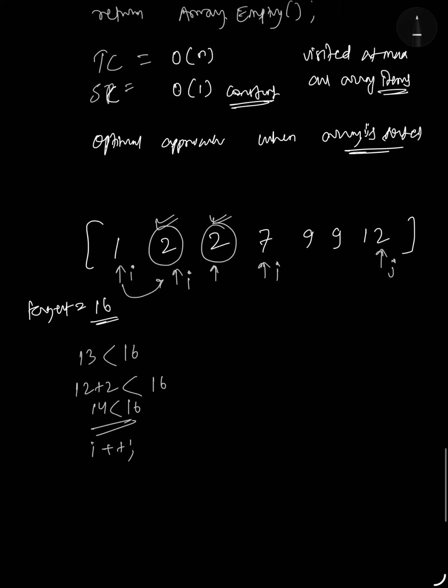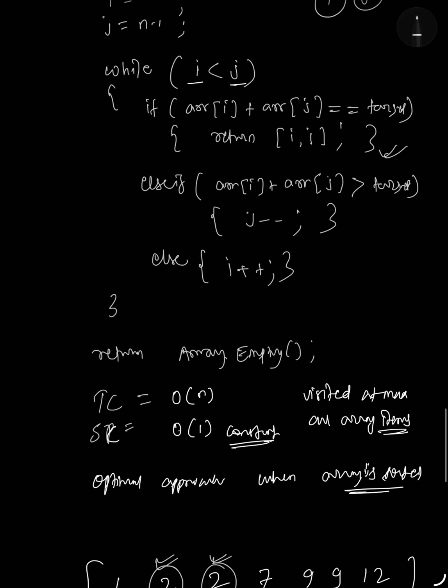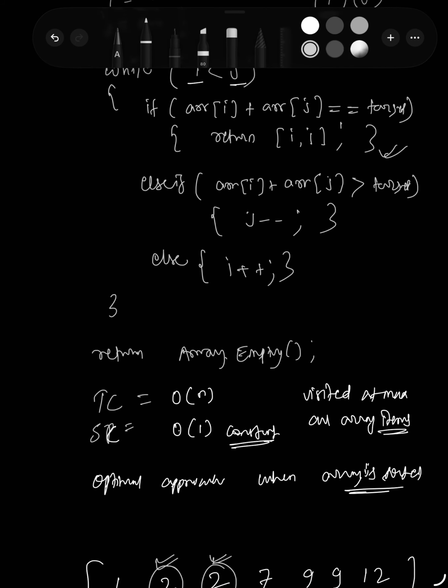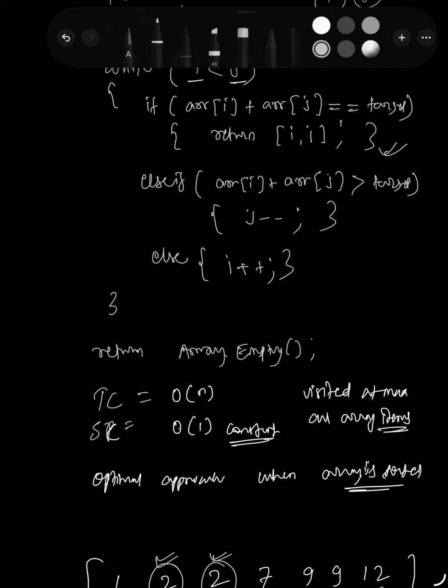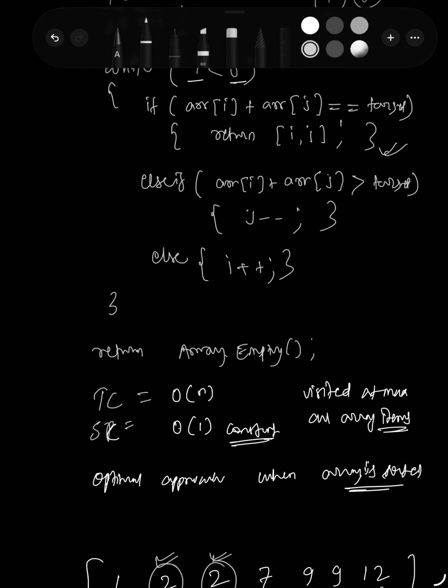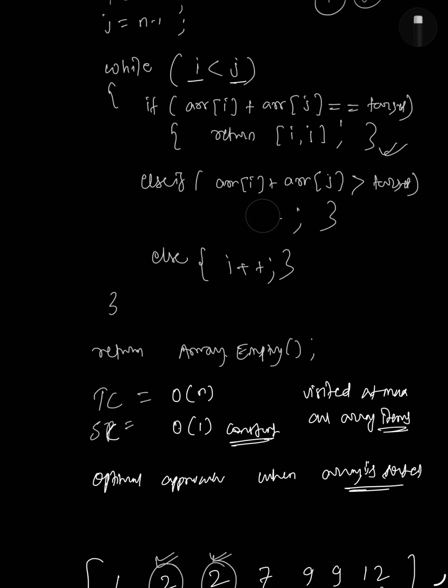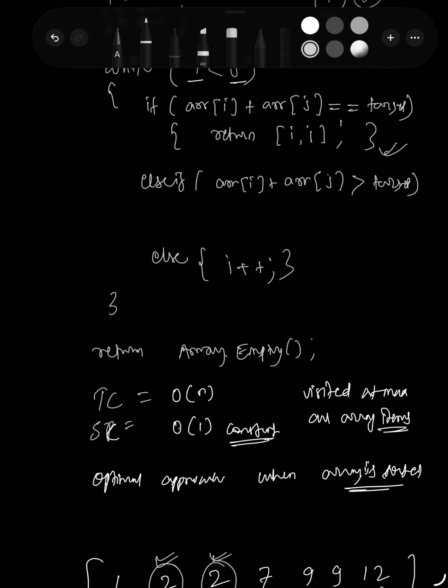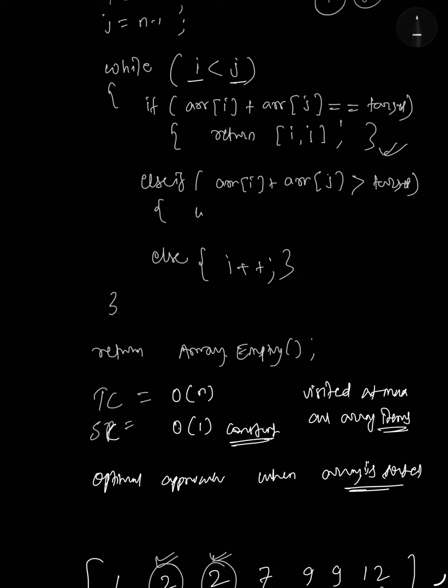So this can be a case where we have to skip the particular index. With a slight modification in this code, we can run a loop. In the else if condition, we will say: while j is less than n and array of j is equal to array of j plus 1, we should move the jth position.